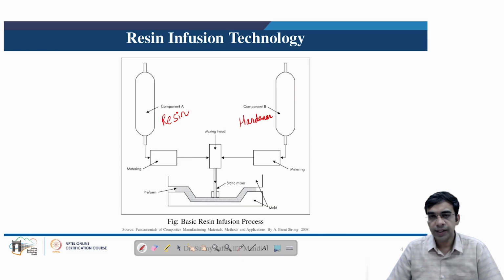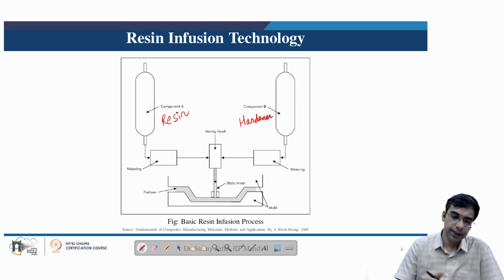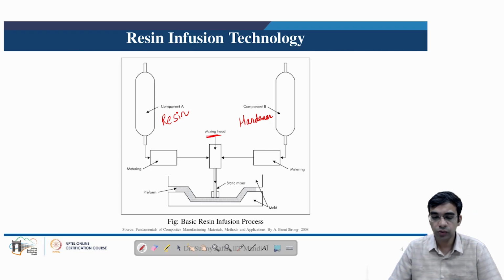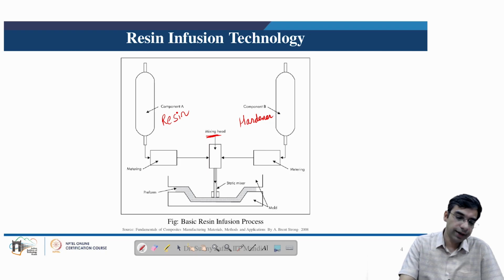As we know, to initiate the crosslinking, the resin and hardener have to be mixed in a proper ratio, and this mixing in the proper ratio is conducted in the mixing head. The mixing head is connected to the tanks of components A and B, and the quantity of component A or B, the matrix resin or hardener, is supplied using a metering device.